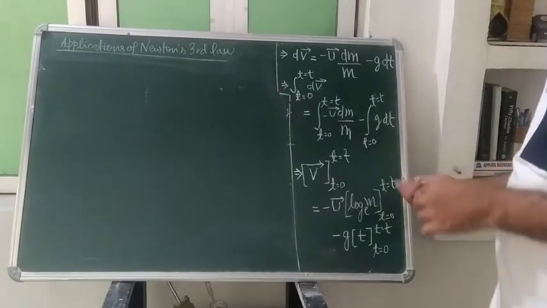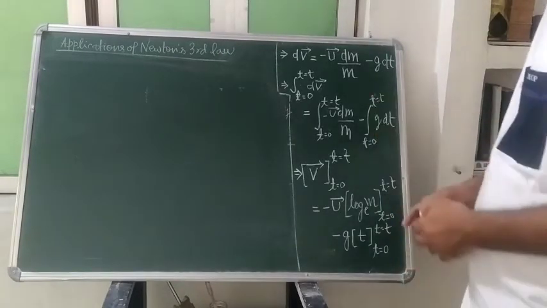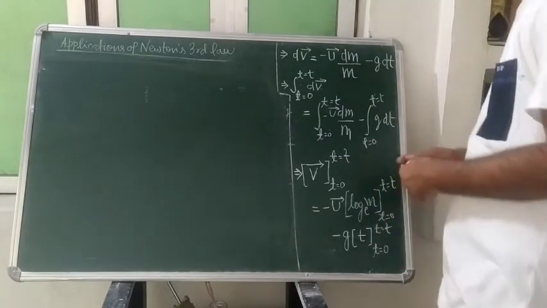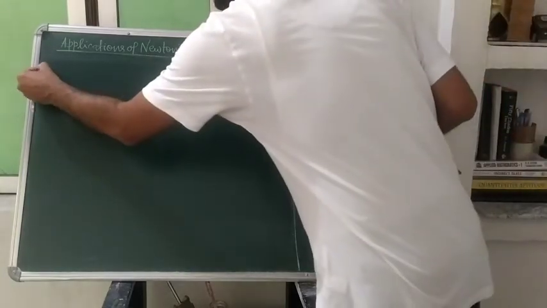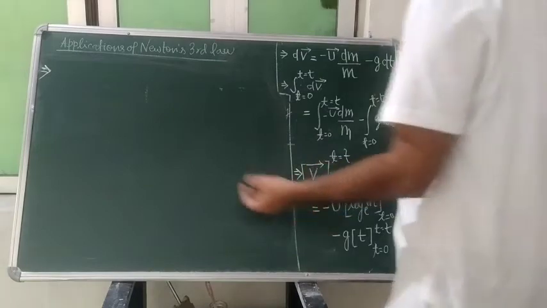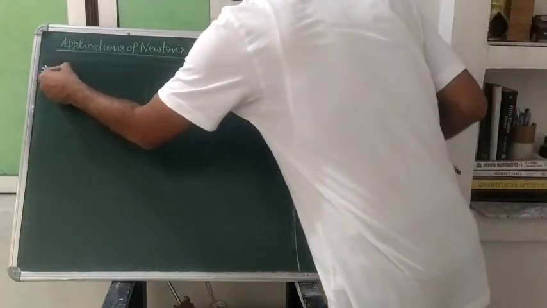So student, we have got this expression by integrating. Now we will put the limits. When we put the limits in that integration, it will be upper limit minus lower limit only.